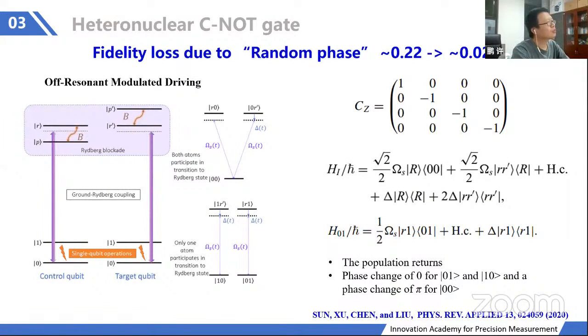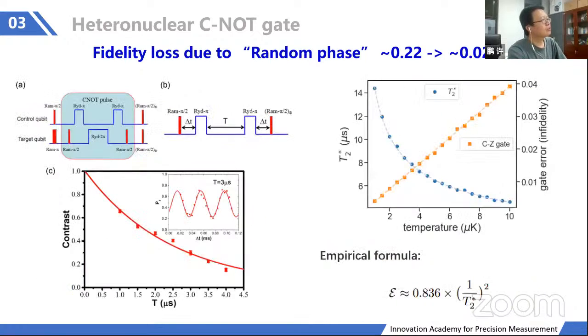So how to suppress this random phase induced fidelity loss? This is one way. If you can reduce the atom temperature to a very low level, then it's okay.